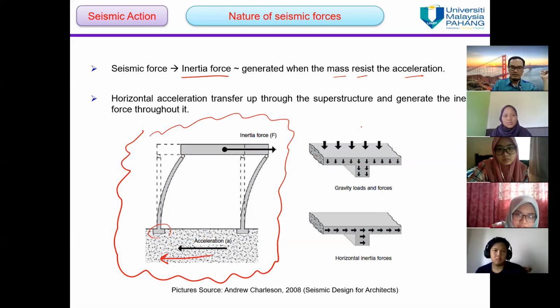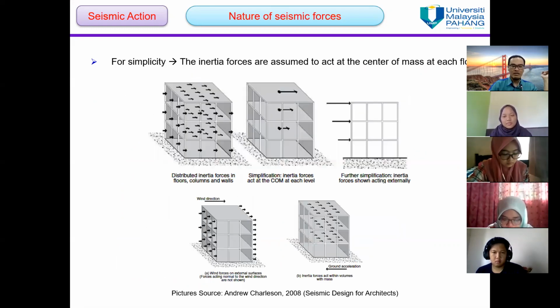Okay, this is the difference from gravity forces. Gravity forces act vertically down to the earth, and the earthquake force acts horizontally, to the left or to the right. For simplicity, as you can see, these are the masses, the inertia forces in the floors, columns, and walls.